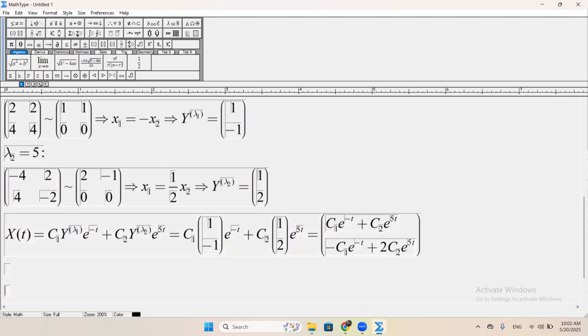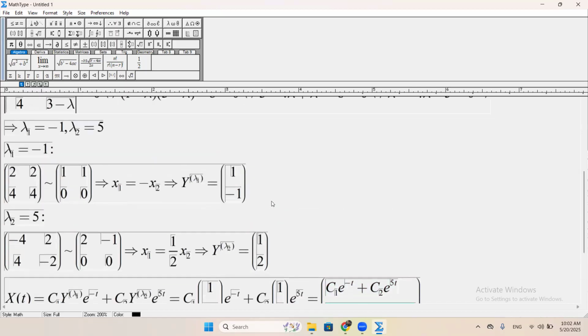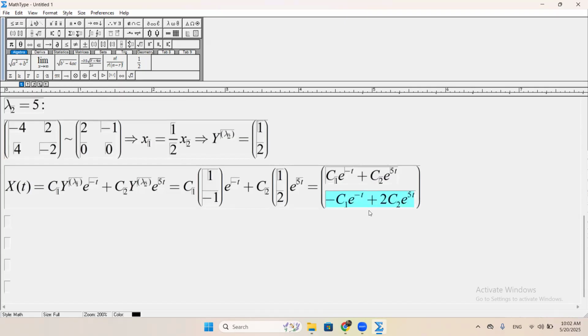And actually, what do we have in this vector? This is x and this is y, the first function and the second. So I can write down the solution like this: x equals this expression, and y equals this expression.